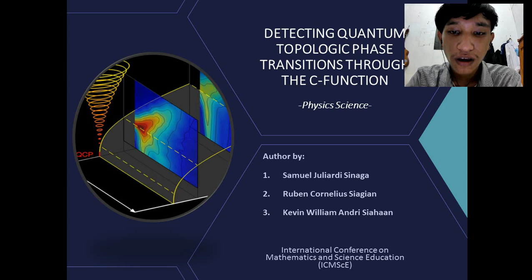As for the scope that we will discuss, especially the field of physics and science, we consist of three people, namely Mr. Samuel Jolardi Sinaga, me, Ruben Cornelius Siagian, and my friend, Kevin William Andres Siahaan. The title of the presentation is Detecting Quantum Topological Phase Transitions through the C functions.